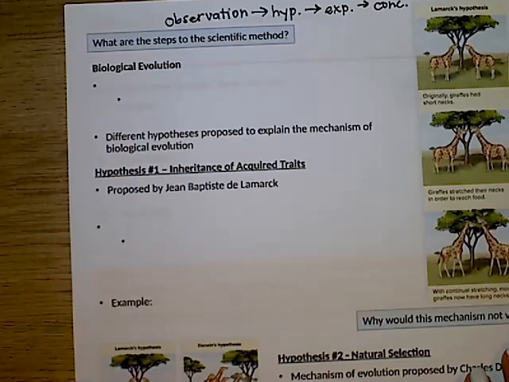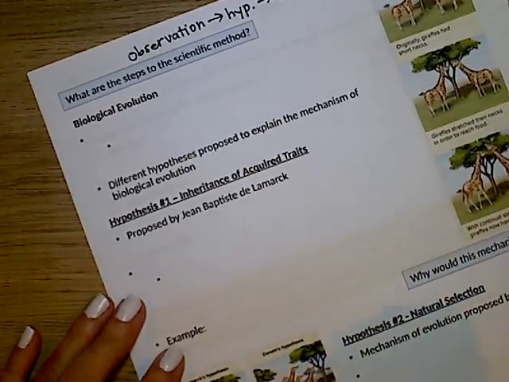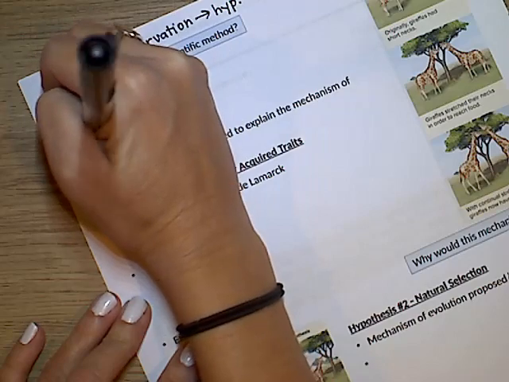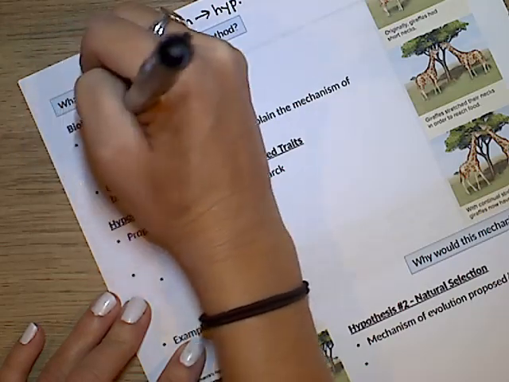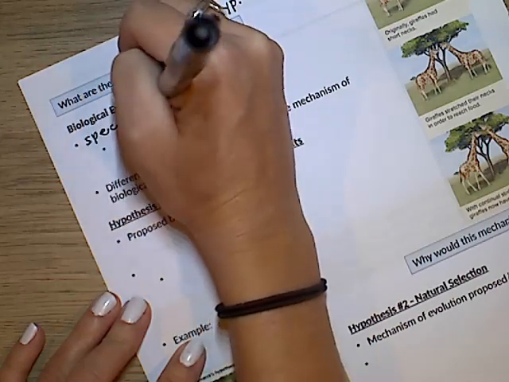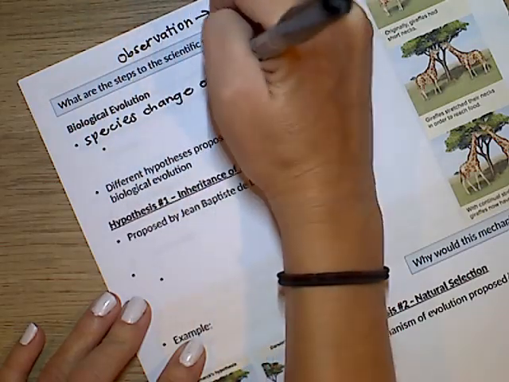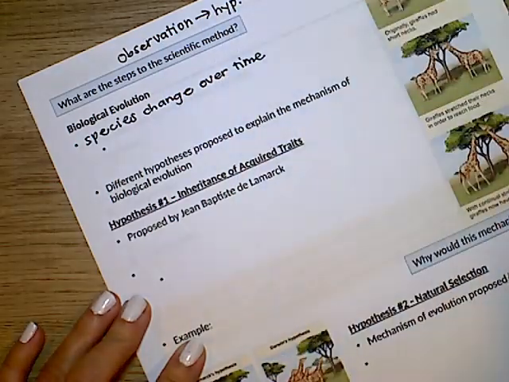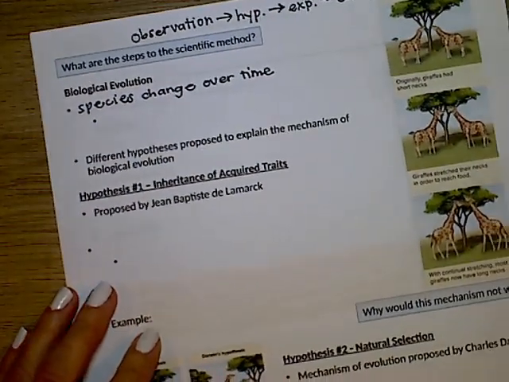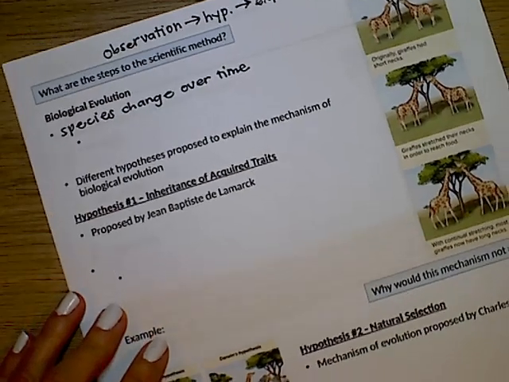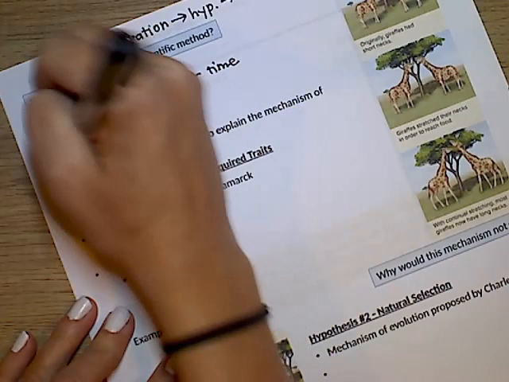When we're talking about biological evolution, we're talking about species changing over time, or in other words, when species branch off from a common ancestor.